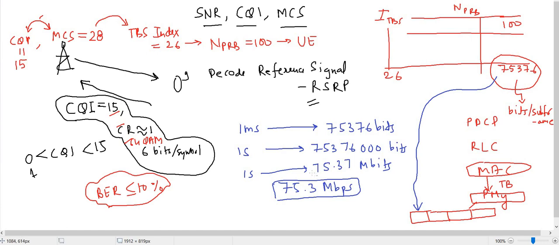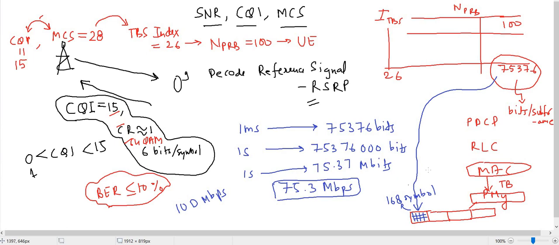And when in the last lecture we calculated the theoretical value of throughput, it came to around 100 Mbps. I said the resource elements or symbols are where the bits will be transmitted, as I told you in the last lecture. In the theoretical calculation, one subframe has around 168 symbols, and all 168 symbols were carrying bits.